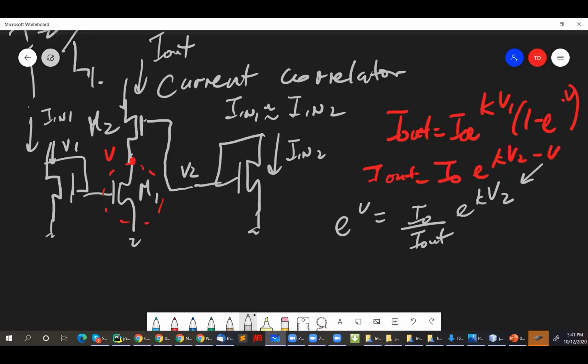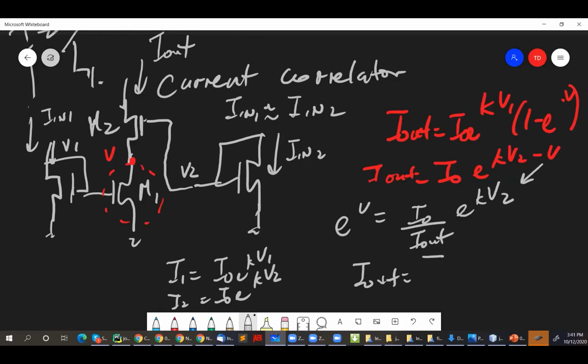Then I'm going to put it back into the first equation, substituting back in. I'm also going to represent I1 as I naught e^(kappa V1) and I2 as I naught e^(kappa V2). Then if I substitute in here, let's see if it works.